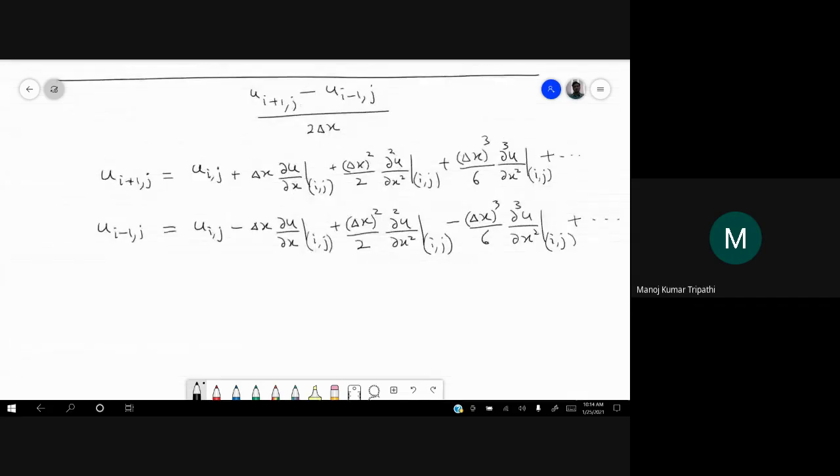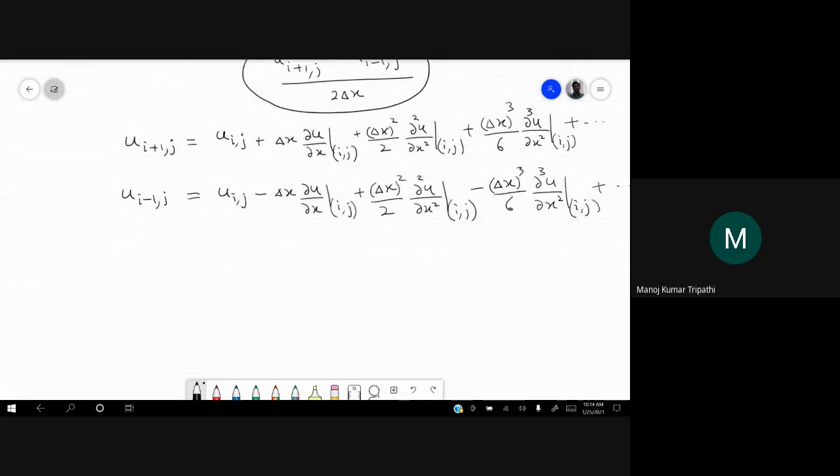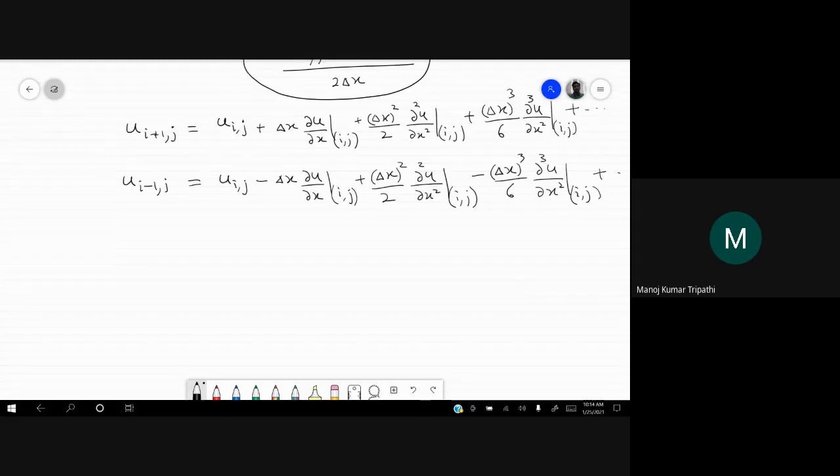Now if I write this formula u i plus 1 minus u i minus 1, I'll need to subtract the second equation from the first equation. On the left hand side I will get that formula for central difference. So let me write that u i plus 1 minus u i minus 1.